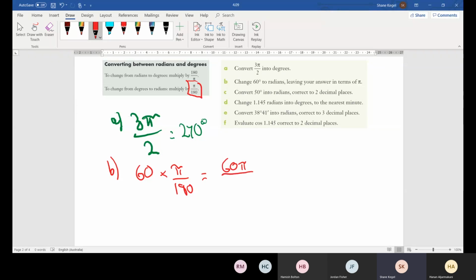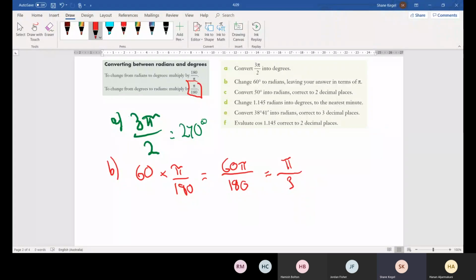What you want to do here is simplify the fraction, and you're going to get something in terms of pi. So divide both the top and the bottom by 60. 60 goes into itself once, so we just have 1 pi, or pi, on top. 60 into 180 is 3. So that will be our answer there. 60 degrees is the same as pi on 3.